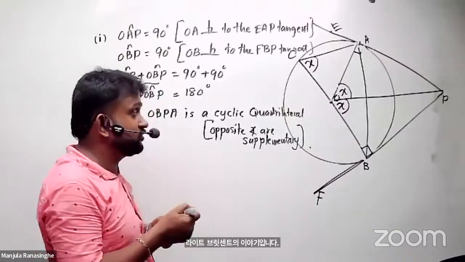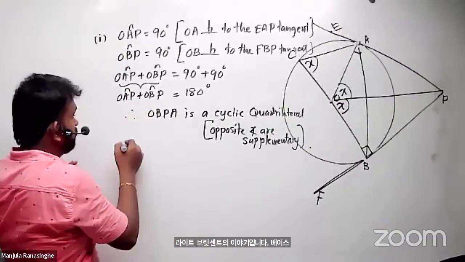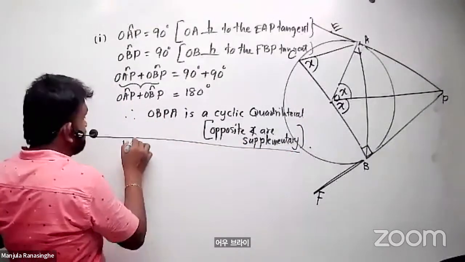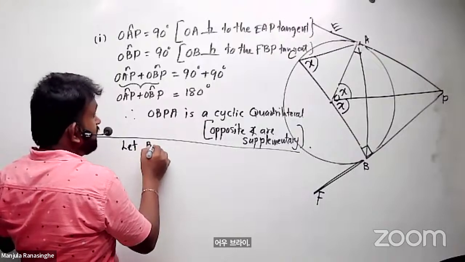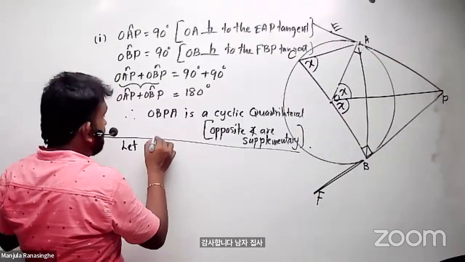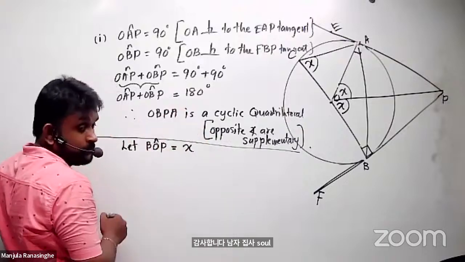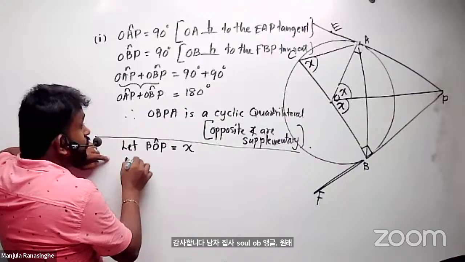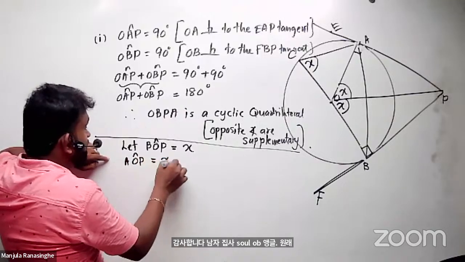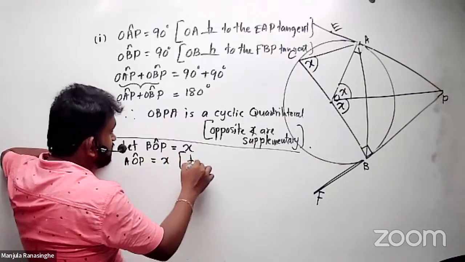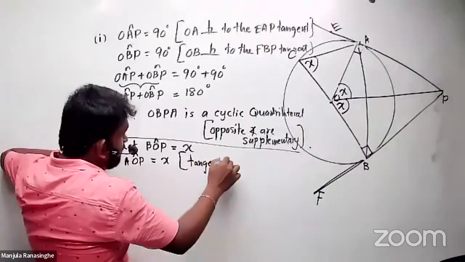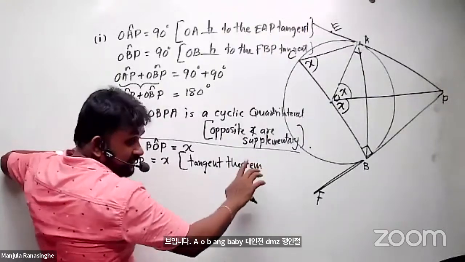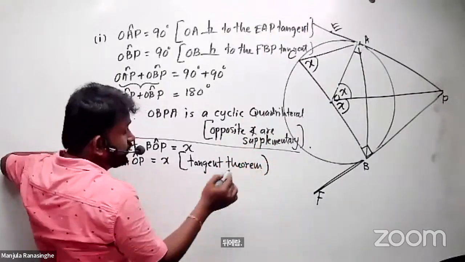So what are the conditions? Now I will write it for you. Let P, so angle BOP equals x. Then you can write angle AOP also x. What is the theorem? The tangent theorem, tangents drawn from an external point.